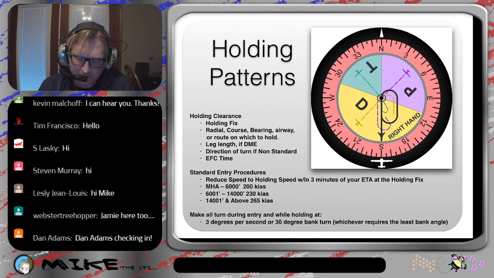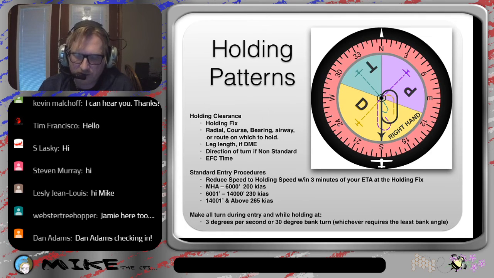The leg length, so the standard is to do what we call a 1 minute inbound holding pattern. However, if they give you a distance they want you to fly, then you would do that instead of doing any timing procedures. They're going to give you a direction of the turn if non-standard. So standard turns in the holding patterns are right-hand turns. So unless you're told to do left-hand turns, you would assume that you're going to do right-hand turns.